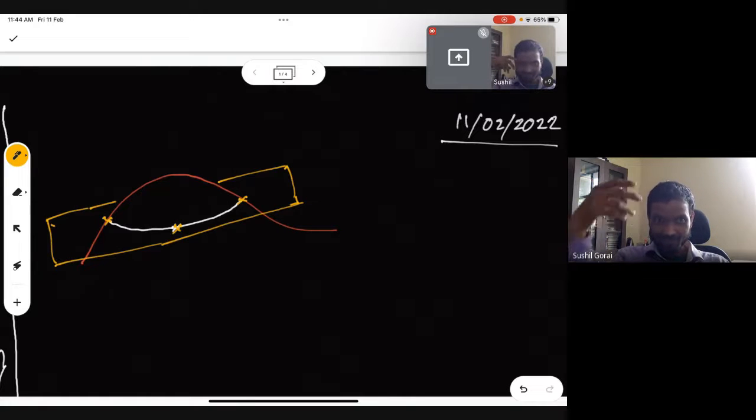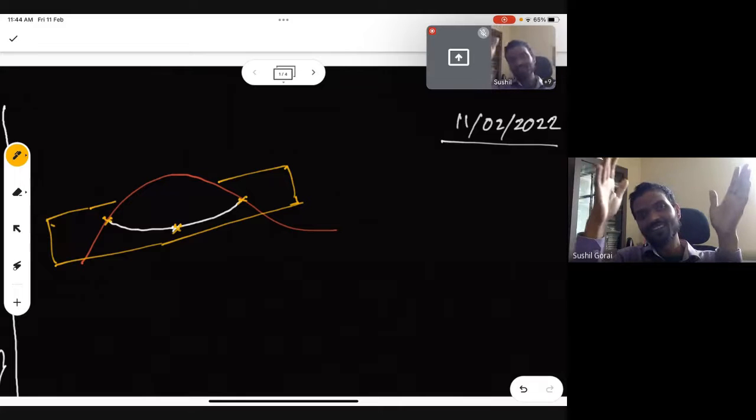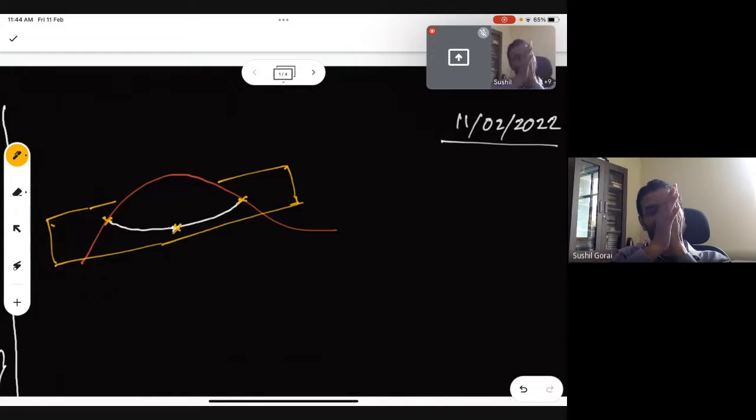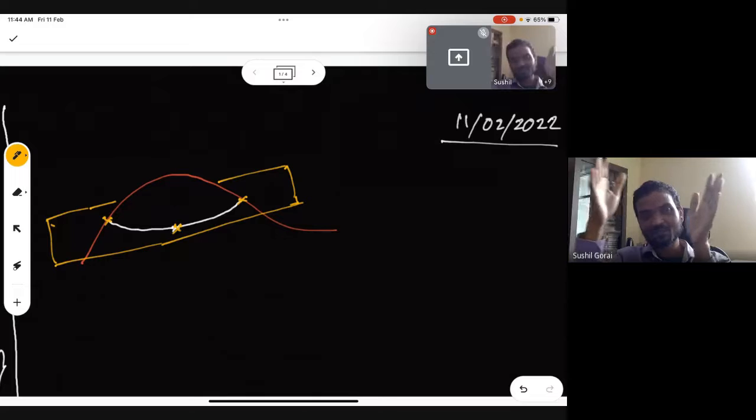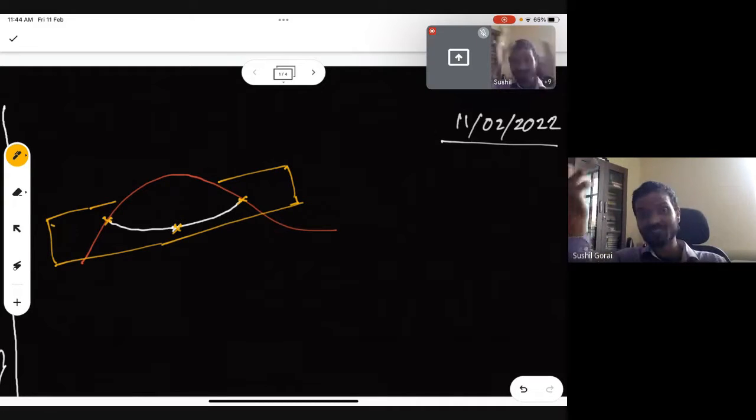But as Harshit argued, you might have it with 2 points, right? So what is the fallacy in this argument? How does this argument match, rather?